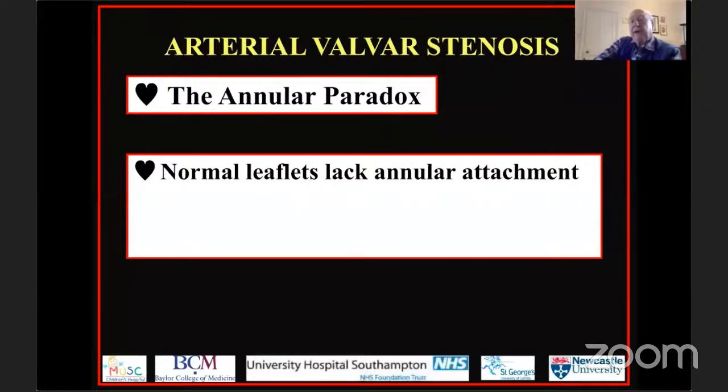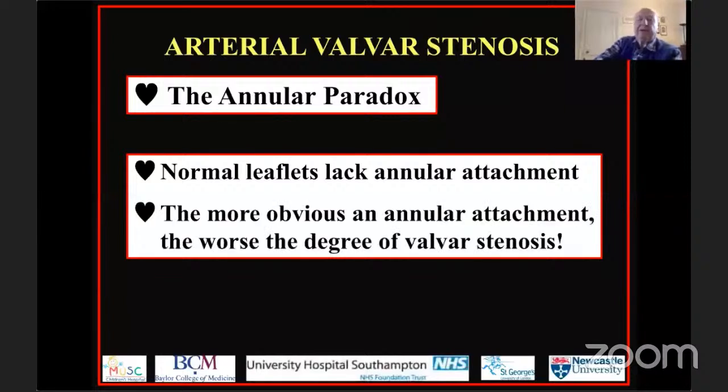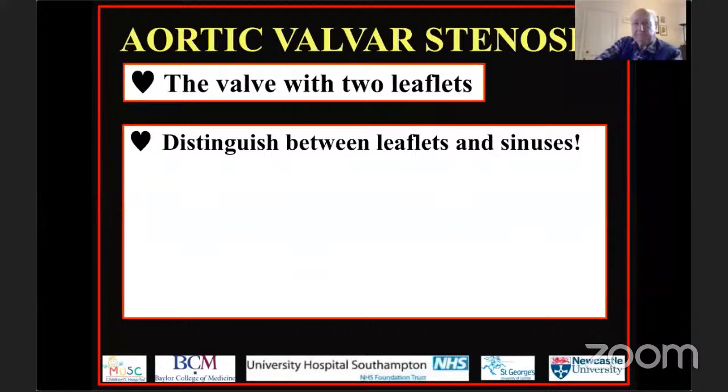And that is where we get the annular paradox, because the normal arrangement, and Diane will also be showing you the normal arrangement. In the normal arrangement, the leaflets have semilunar hinges, so they lack an annular attachment. So the paradox is that the more obvious we as morphologists see the annular attachment, the worse is the degree of valvar stenosis.